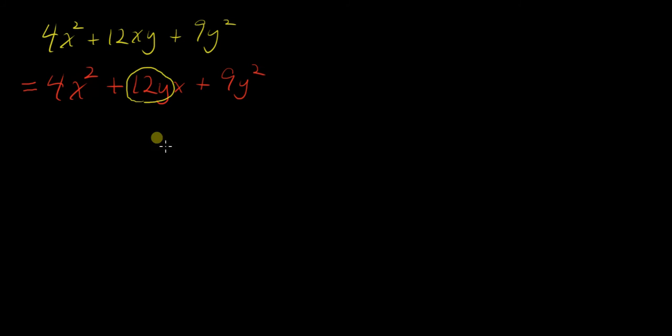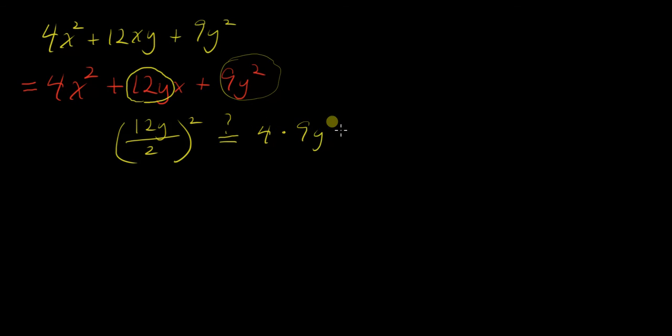And so I'm going to take half of it and square it. And I want to know, does that equal the first coefficient times the last number? Well, here I'm thinking of that whole thing as the last number. So I'm going to think 4 times 9y squared.